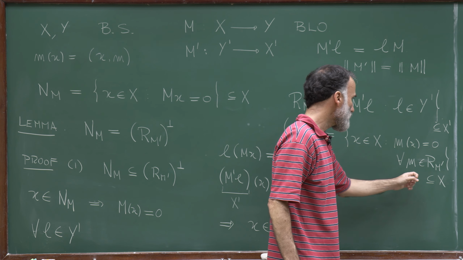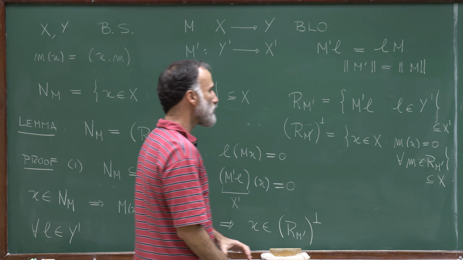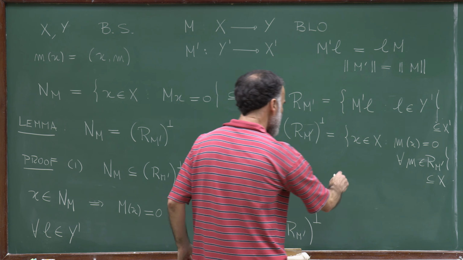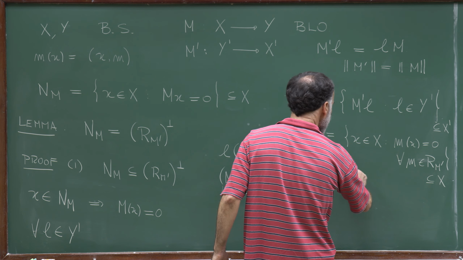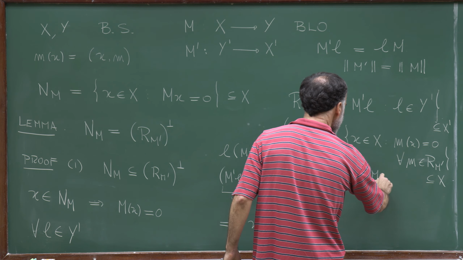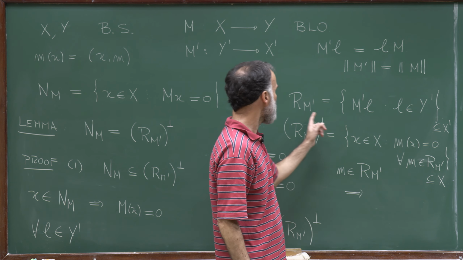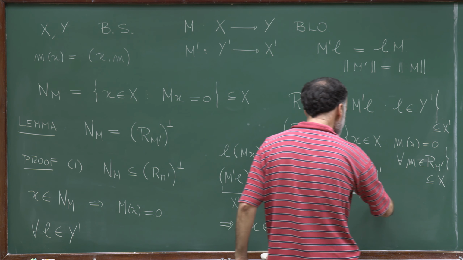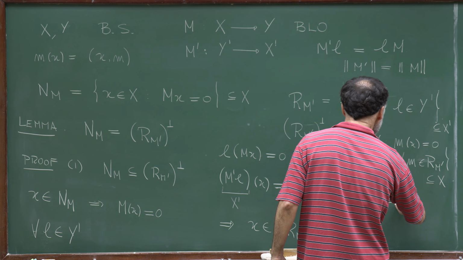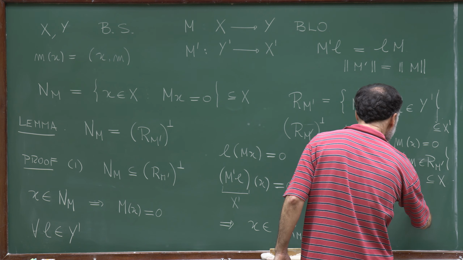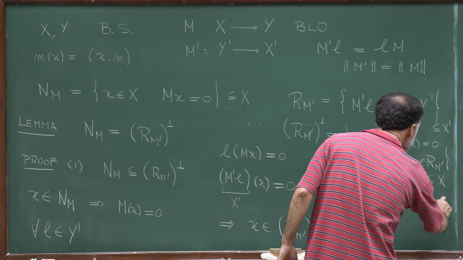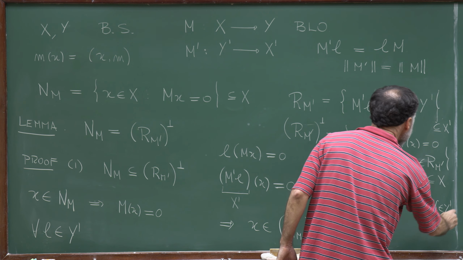Mx is equal to 0 for all M in the range of M prime. So fix M in the range of M prime. Since M belongs to the range of M prime, this means that M is equal to M prime L for some L in Y prime.